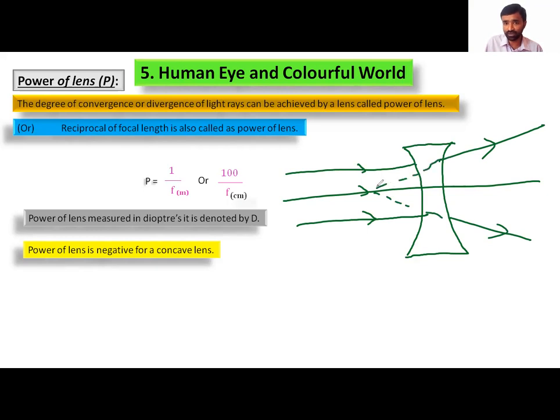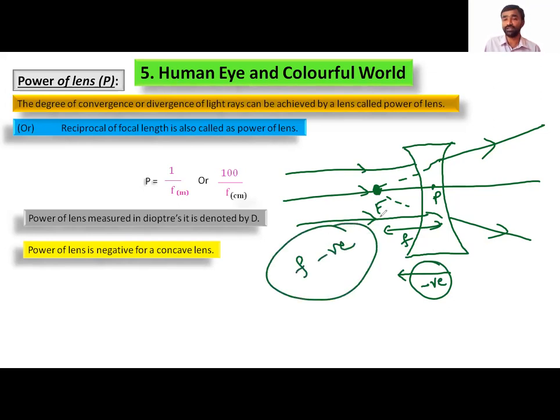That point we consider as the focus. The distance between the pole and the focus is the focal length. According to the sign convention, the distance measured opposite to the incident light ray is taken to be negative. So F is always negative for a concave lens.